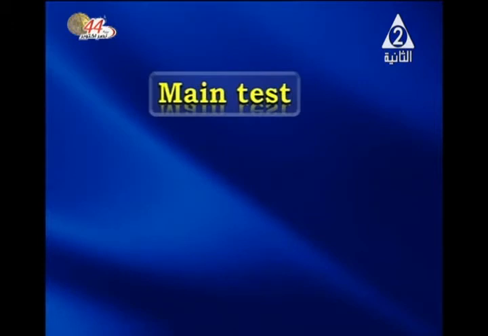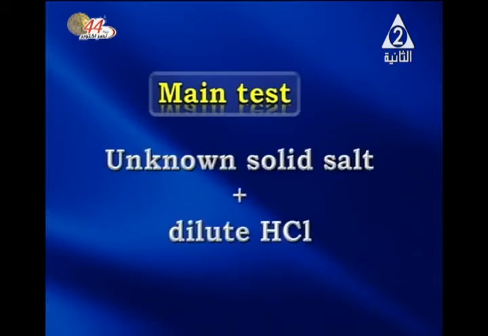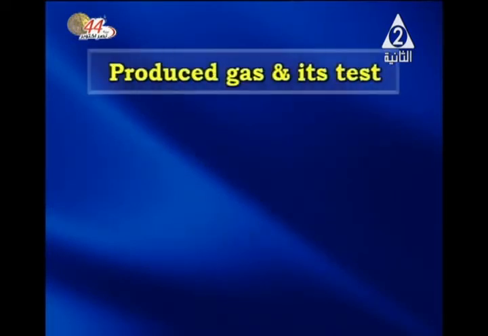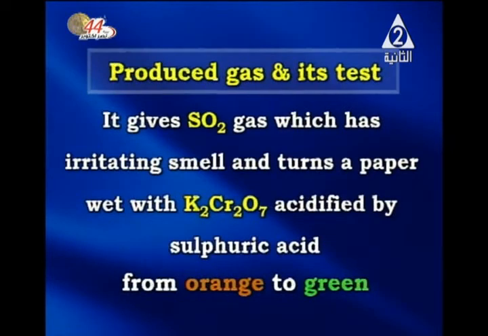So we are going to discuss the main test first. The unknown solid salt plus dilute hydrochloric acid, the produced gas here will be sulfur dioxide gas, which has an irritating smell and turns a paper wet with potassium dichromate acidified by sulfuric acid from orange to green.